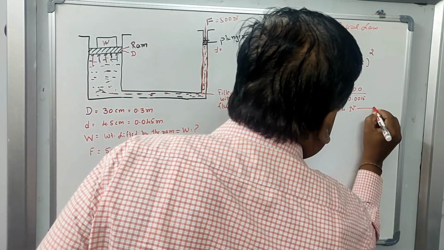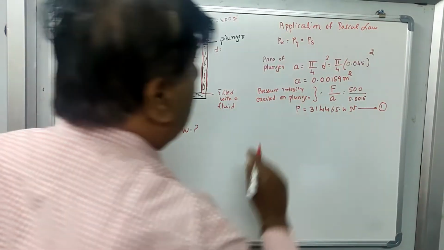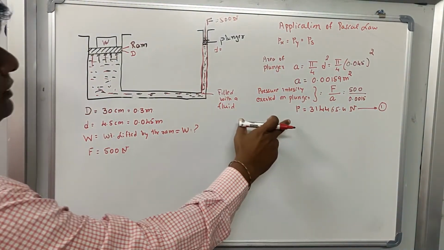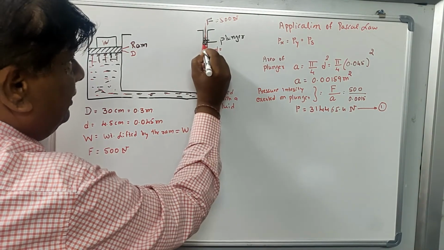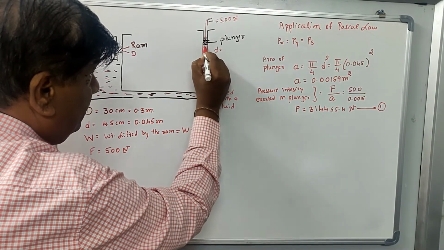Let it be equation 1. This is the pressure intensity exerted at the plunger.